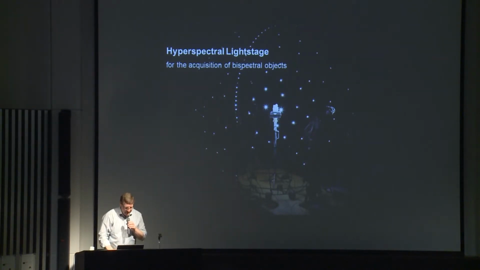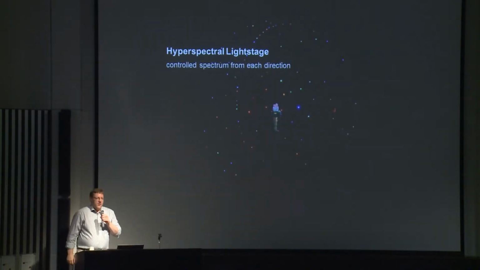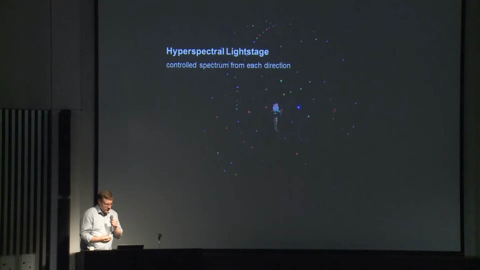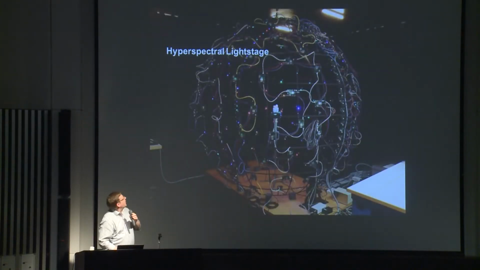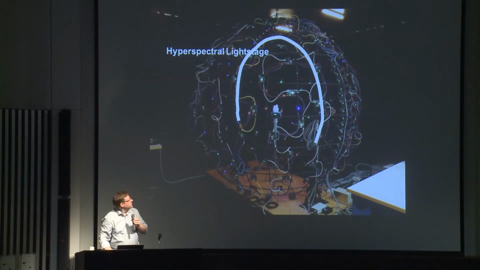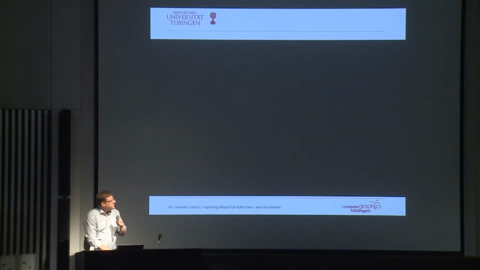And our light stage is particular in that we can modify the spectrum we emit by each individual light source, okay? So this is how the wiring actually looks. And with that, we can move a camera on this arc around the object. We can turn the object on the turntable, and with that we are able to acquire bispectral data.